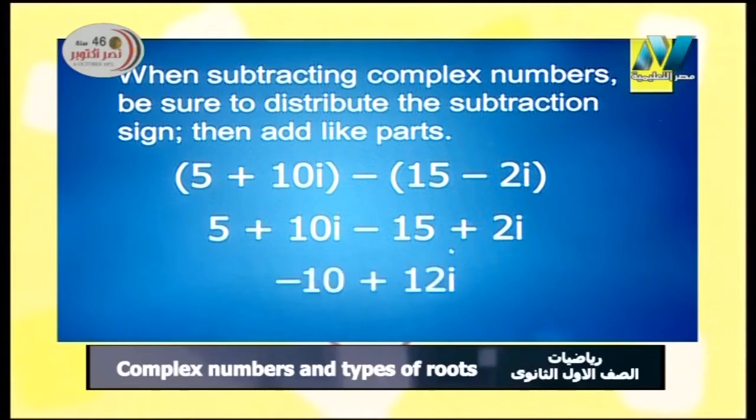And we will add 5 as a real number plus negative 15 as the second real number. The answer will be negative 10. Then we will add the imaginary numbers, which is 10i plus 2i. The answer will be 12i.